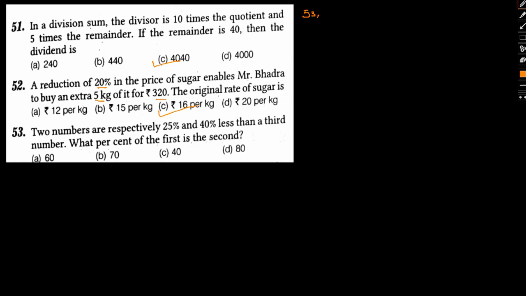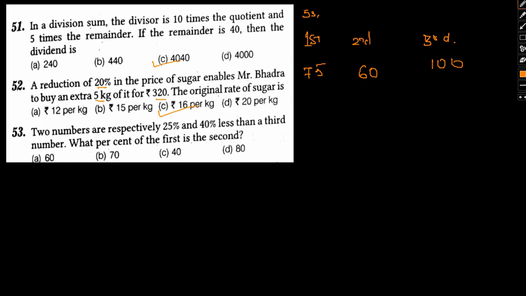Let's say first number, second number and third number. It's given that two numbers are 25 and 40% less than the third number. So I'm assuming the third number is 100, the first number is 25% less, so it will be 75, the second is 40% less, so it will be 60. Okay, so this is what we have.